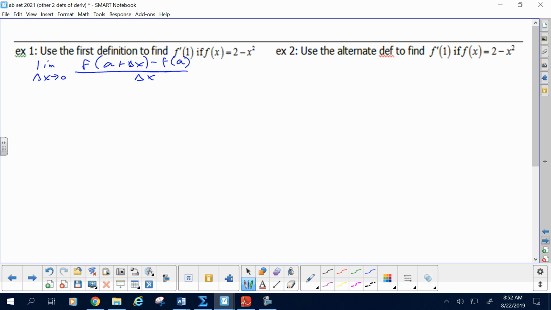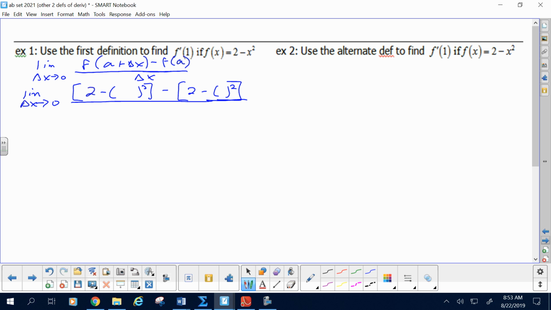If I then got into the nitty-gritty, the limit stays. But now, function specific, what is f at a plus delta x? Well, in the top I have two function statements I need to find, yeah? And every time I do the function, isn't the function 2 minus something squared? Do you agree?